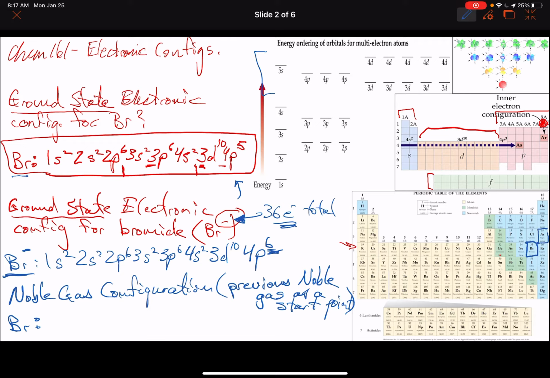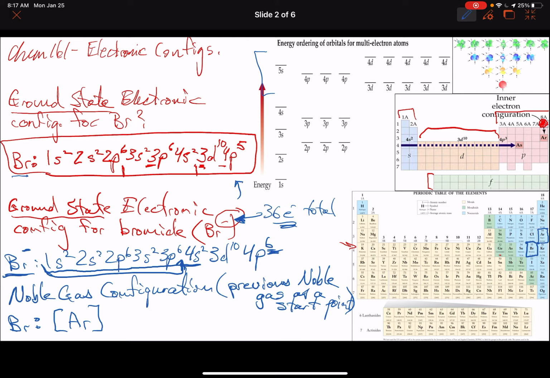It's the nearest most complete electronic configuration. Recall that that was 18 electrons. So the 18 electrons took us all the way to here. And so we're going to take all of this and put it in our shorthand simply as argon with square brackets. Okay, so when we see that, that indicates 1s2, 2s2, 2p6, 3s2, 3p6.